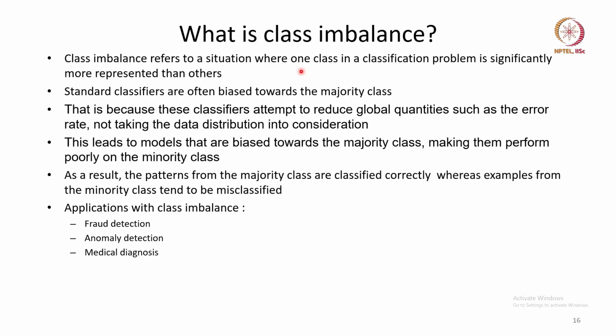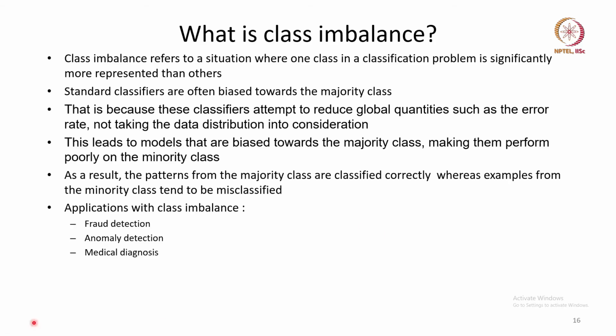Medical diagnosis also, for example, if you have ECGs of n people, you may find that heart problems are present in just a few, most of them may be normal, right? But whenever a person has a heart issue, it's very important that it should be classified correctly.